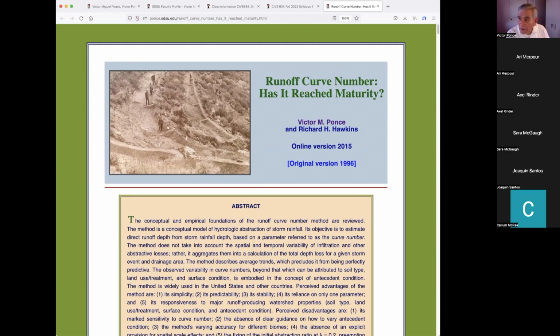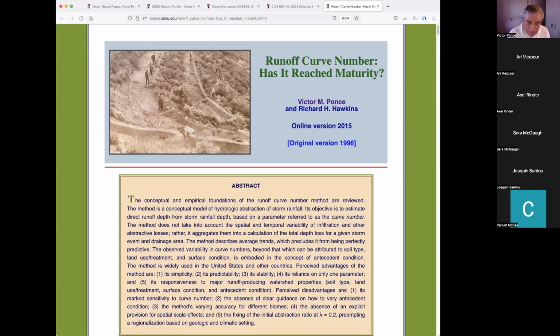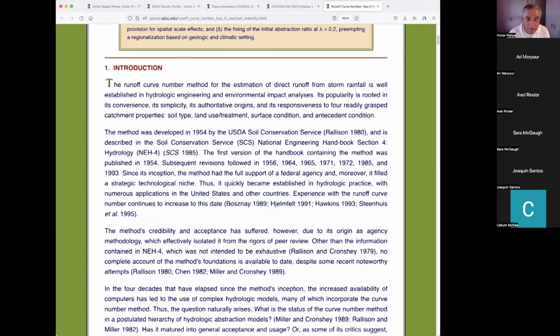None of them. They're fine here and there. All methods have their drawbacks and limitations, but there was no method at the time that could say, I am the method, I'm definitely better than the other method. So we decided to write a positive article on the curve number. So that's the story of this paper.